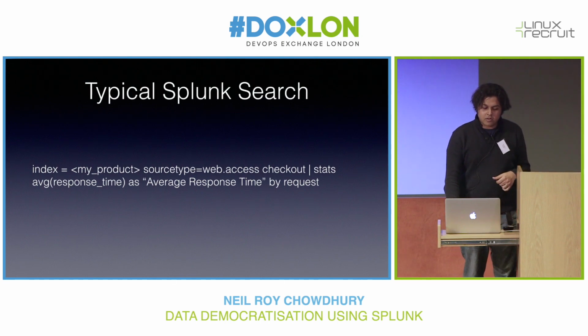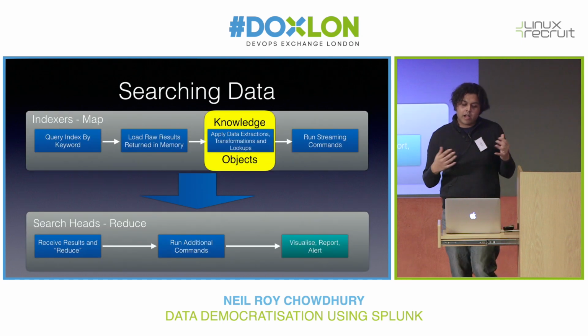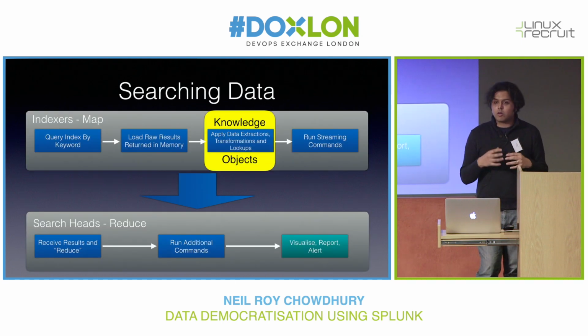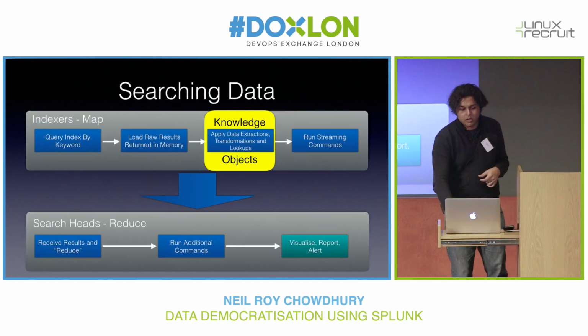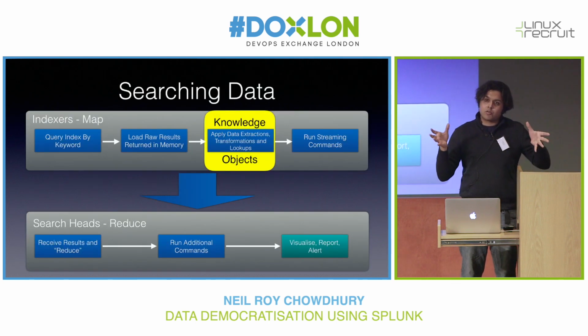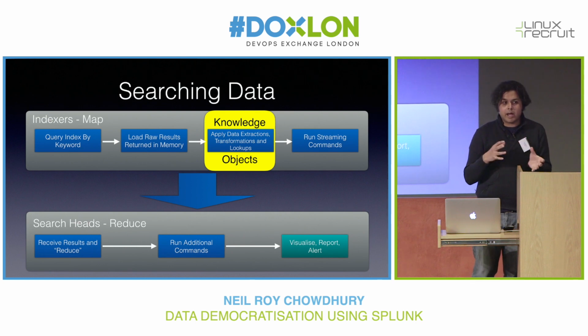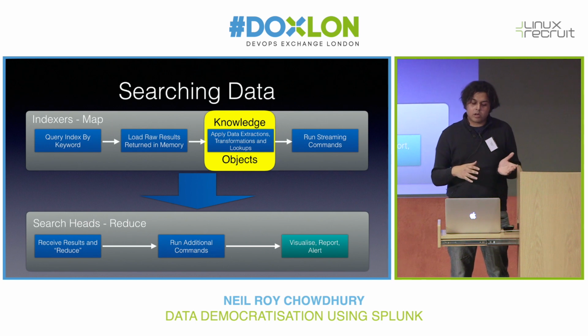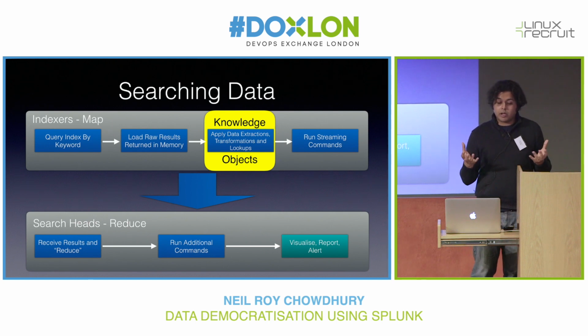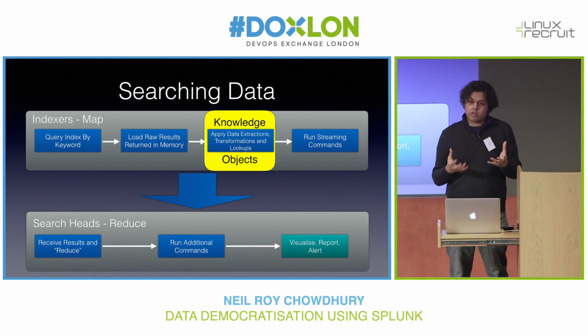The reason I mention this is that when you search, you're converting the search spec up to the first pipe into actual keywords. Splunk does the automation in the background and the heavy lifting to convert that into keywords and load all your raw results into memory.